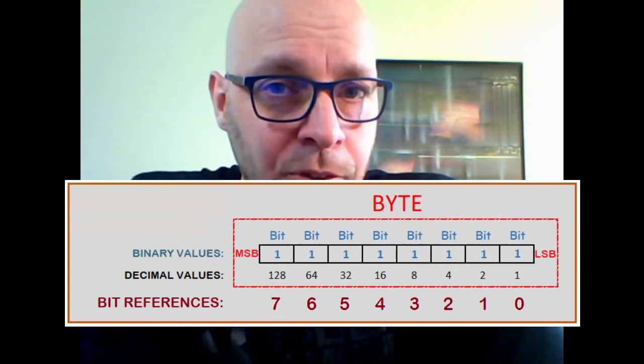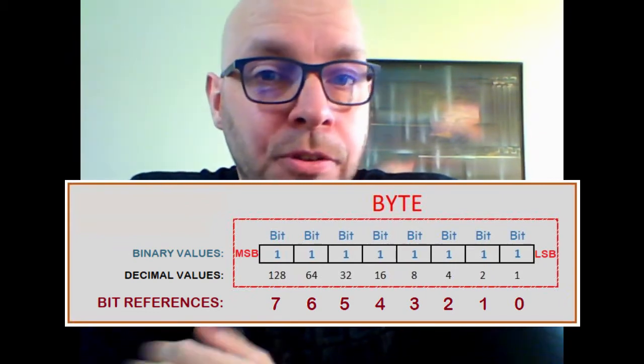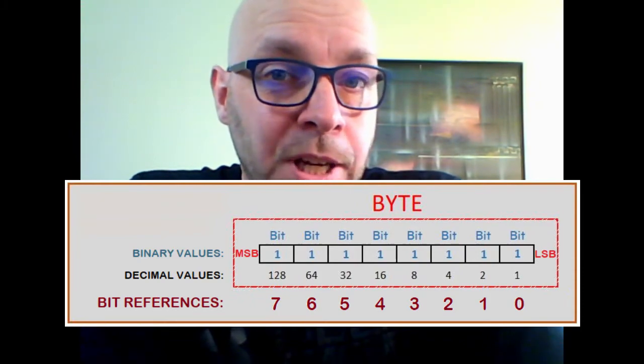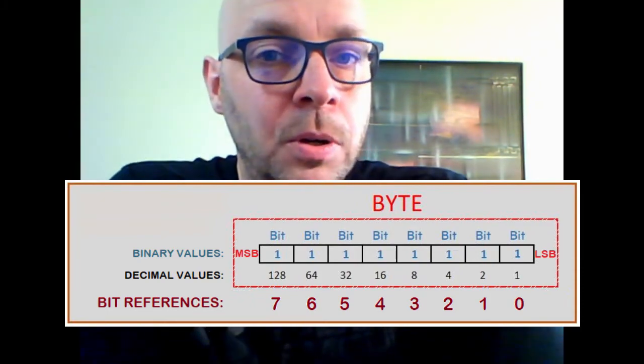For example, we might say bit 5 is now turned on, or bit 0 is now turned off, something like that. So although it's not used in any sort of calculations or manipulations, it is used as a reference when you're programming. It's useful to be able to refer to the individual bits within a byte, which would be the rightmost bit, bit 0, through to the leftmost bit as bit 7.